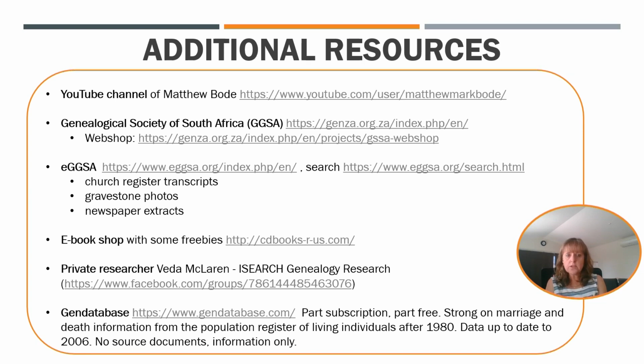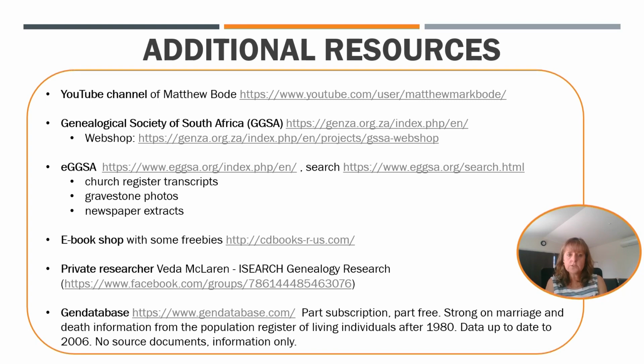Then I also want to mention an e-book shop, and please visit their freebie section for free ebooks. A private researcher, Vida McLaren, has a group on Facebook called iSearch. She has a price list there, and she will create basic trees and do specific research.